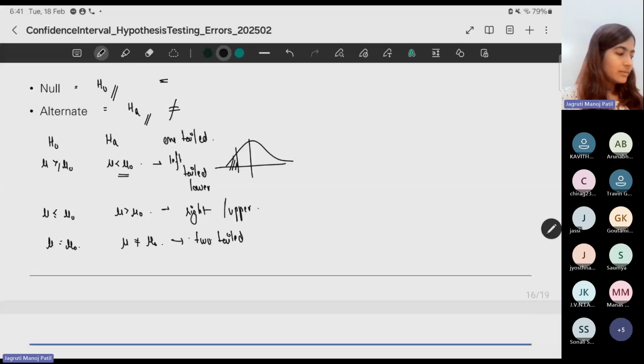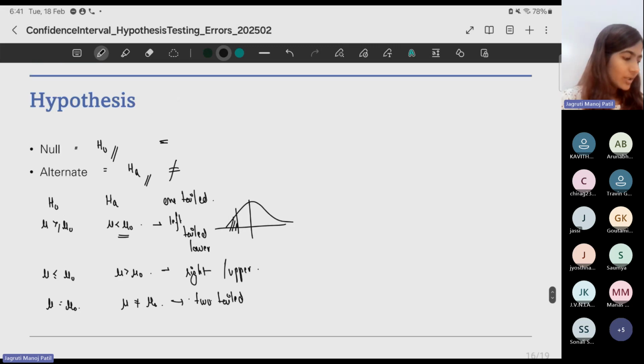So this is how your null and alternative hypotheses vary. The same thing applies to the difference of means, two sample proportions, and a single sample proportion. Everything follows in line. So this is how you read the null and alternative hypotheses, and how you reject or accept a null hypothesis.